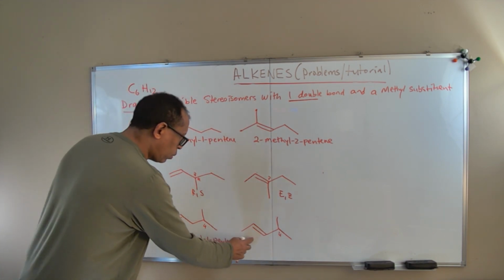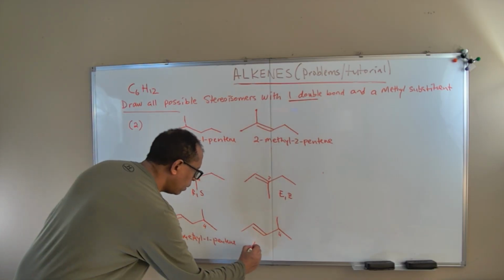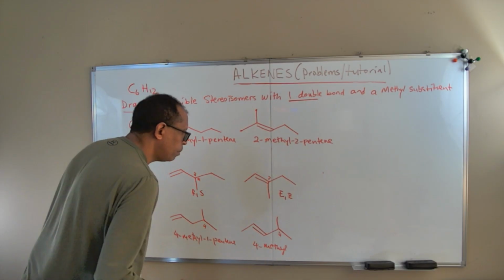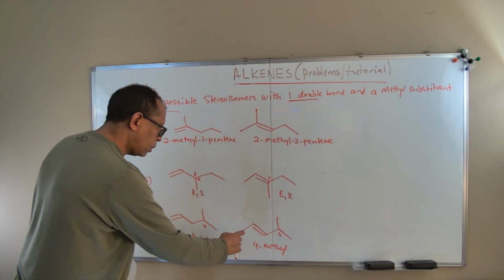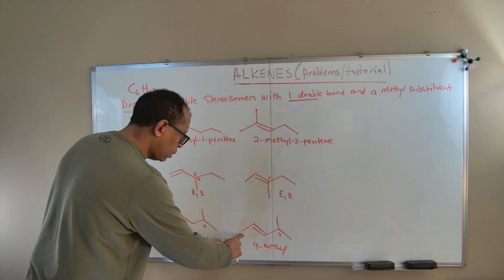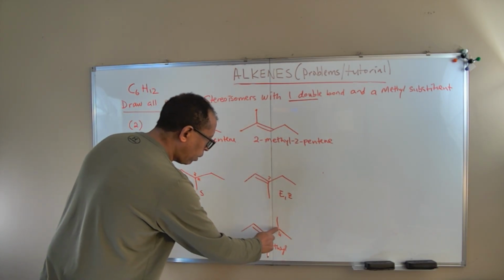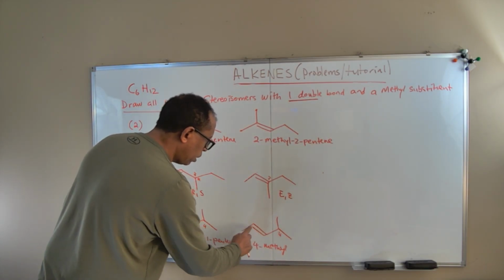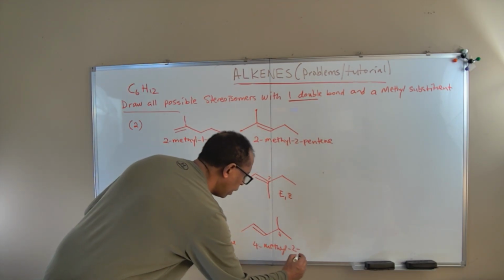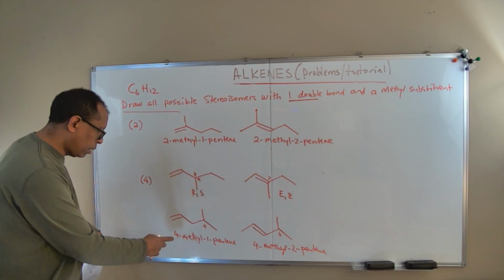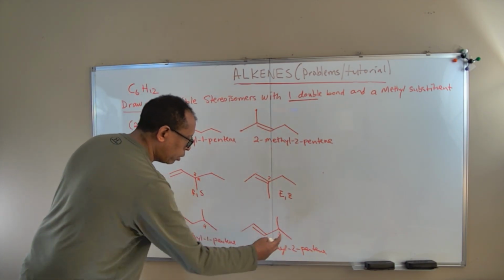And for this one, 4 methyl. That would be 1, 2, 3, 4, 5, a 2 position pentene. So basically 4 methyl 1 pentene, 4 methyl 2 pentene.